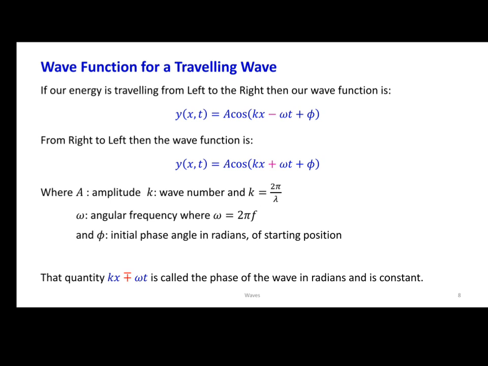So your wavelength and x have got to be in the same unit, so either both millimeters, both meters, etc. Phi is your initial phase, or your starting position of your first particle.